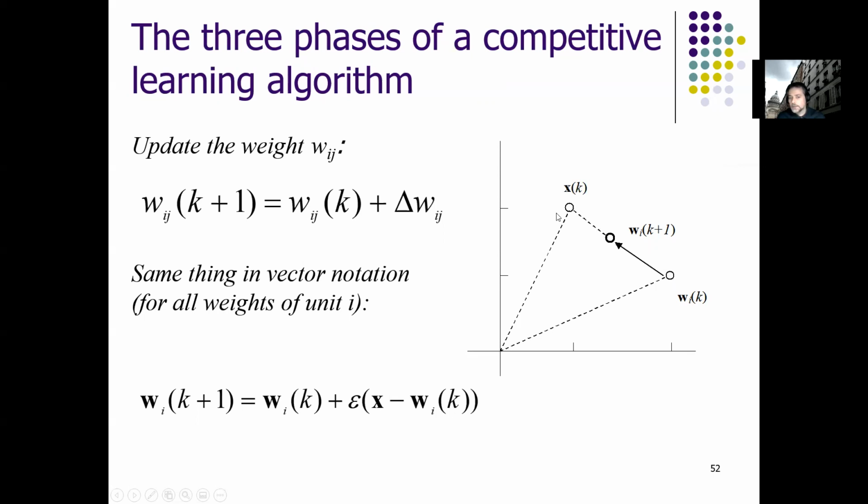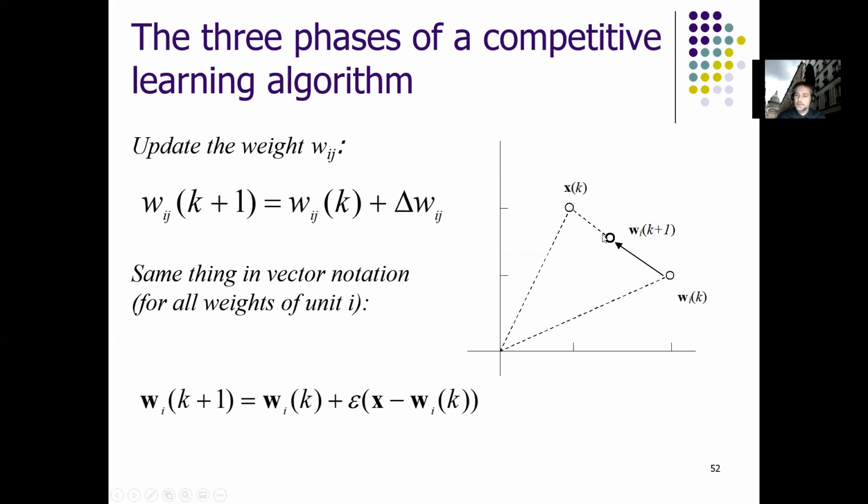But because I'm using the learning rate, which has a value smaller than 1, it is going to reduce the length of this vector. So depending on the value of the learning rate, I'm going to have a point somewhere along this distance between these two vectors. So this is the new point that I'm going to use.